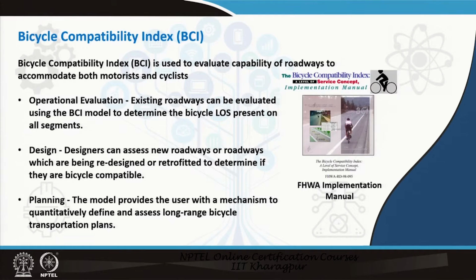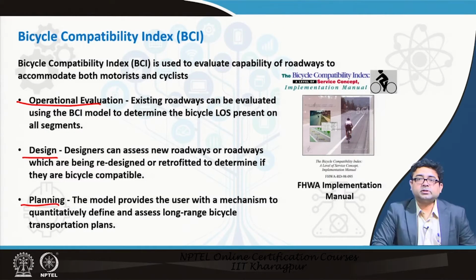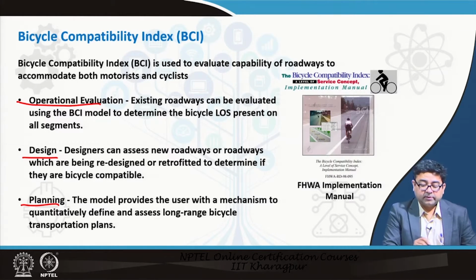What the bicycle compatibility index allows you to do is measure the bicycle operational evaluation, design evaluation, as also planning. So, it can be used at 3 different phases of evaluating your bicycle facilities on your urban streets. It gives you an operational evaluation for existing roadways, which can be evaluated to determine how the bicycle level of service is present.